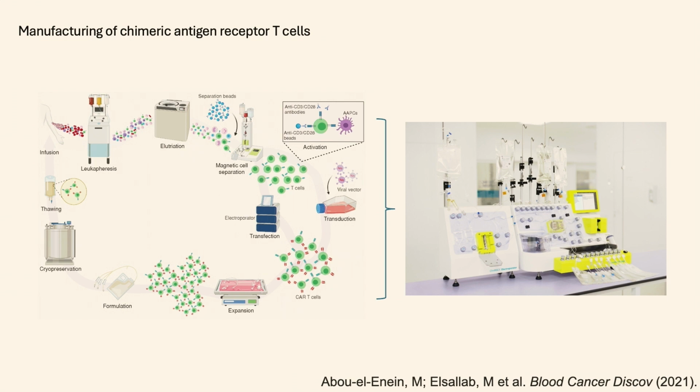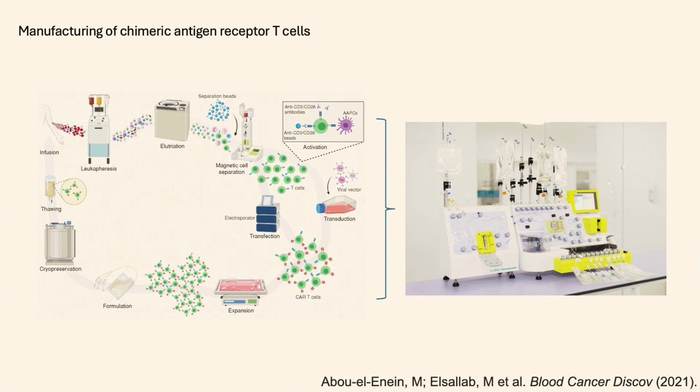And then the introduction of the CAR is most commonly achieved using viral vectors, but there are now also methods to manufacture the CAR using non-viral approaches. Once the introduction of the construct is achieved, the T cells can be expanded to the desired numbers and then formulated and cryopreserved. And as most of you know, this can all be done in a functionally closed, semi-automated fashion in the CliniMACS Prodigy machine.